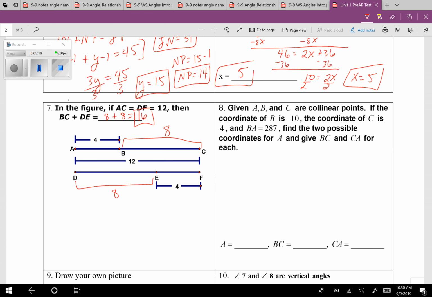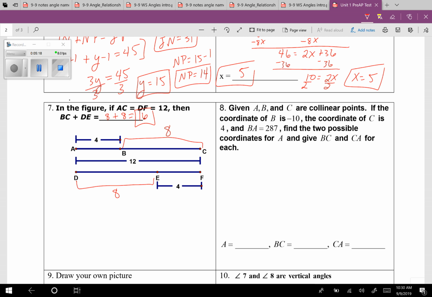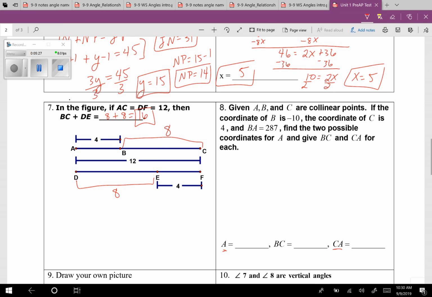Number 8. This one, there's two answers for A and CA. There's going to be two different answers. Okay, it says, given that A, B, and C are collinear points, so that means they're on a line together.